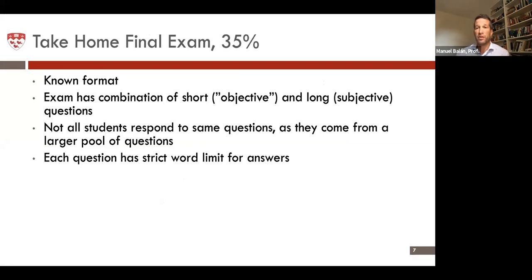Again, these are open book, so it's not asking them to just search for a concept and plug it in, but more sophisticated than that, still pretty short and objective. And then more long subjective questions that ask them to analyze different questions and come up with and support certain positions, et cetera. Here I'm going with a bank of questions, so not all students respond to the same questions.